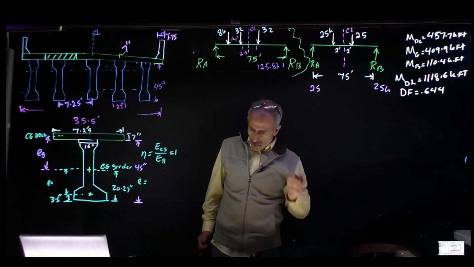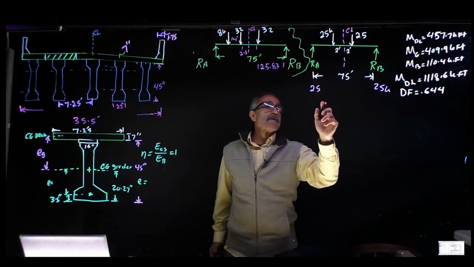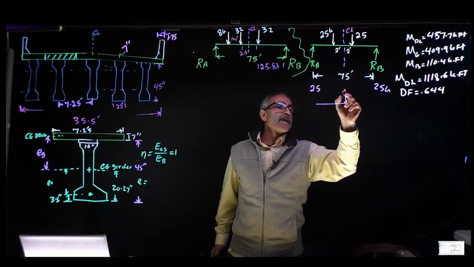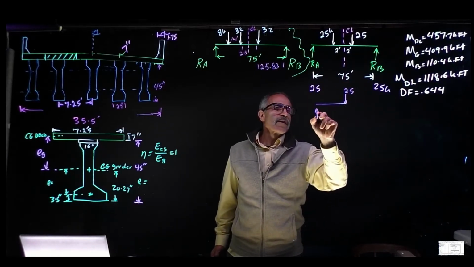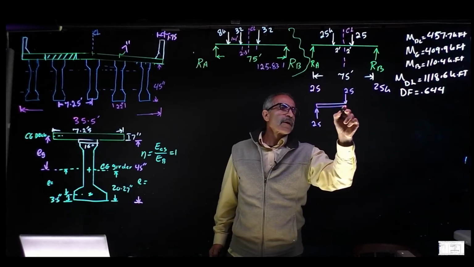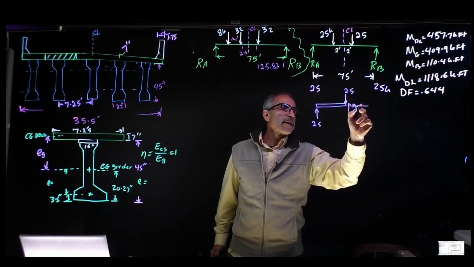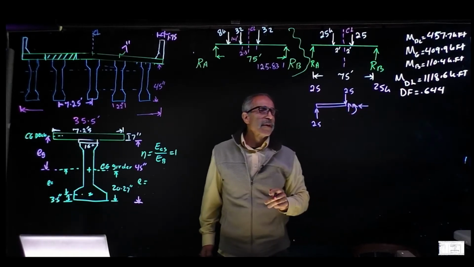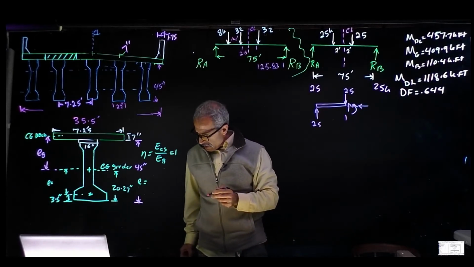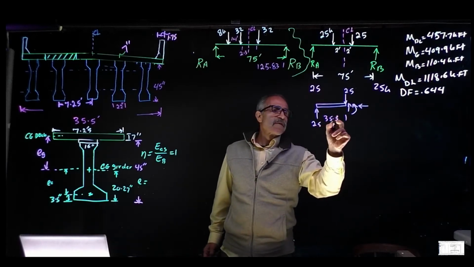And let's take a moment to calculate the maximum moment and say it's going to be under the 25 kip, and I have 25 here. If I cut this beam, I'm going to have shear, moment, and axial force. I care about the moment. And this distance comes out to 37.5 minus 2 feet, which makes it 35.5 feet.